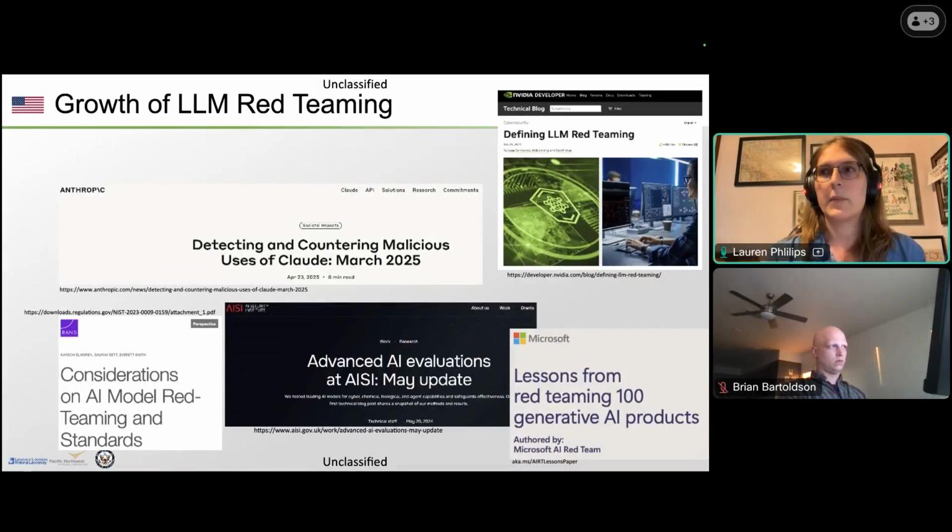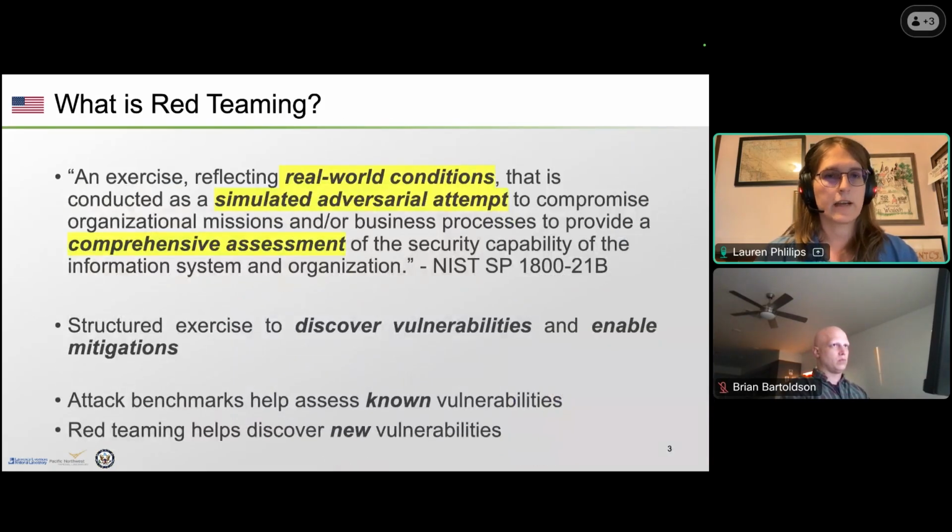So where benchmarking might be a really useful tool for evaluating your safety on known threats, we live in a world where LLMs are adapting very rapidly. And so red teaming is necessary to identify new threats or new vulnerabilities that we may not previously have been aware of.